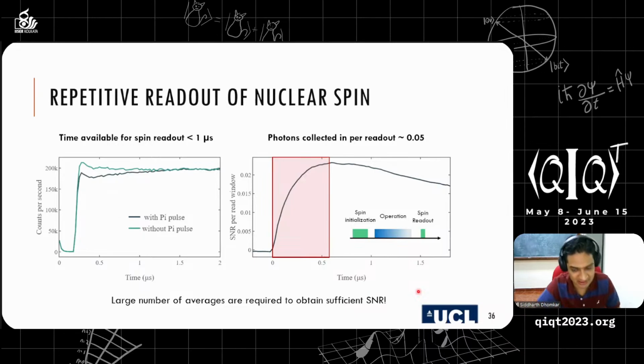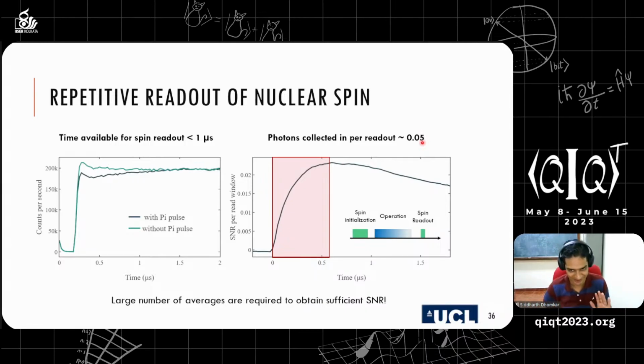There is one more thing you can do with nuclear spins, which is very similar to the spin-to-charge conversion readout that I mentioned. The problem again is that within 500 nanoseconds of readout, I'm only collecting 0.05 photons. So the idea is to convert the quantum information stored in the electron spin into nuclear spin using a certain protocol.